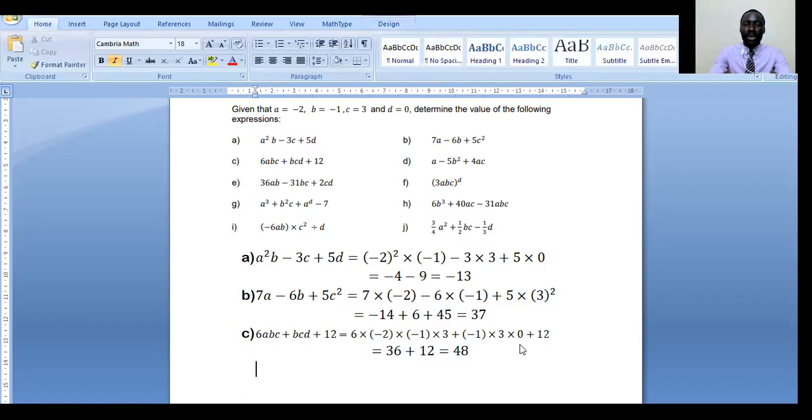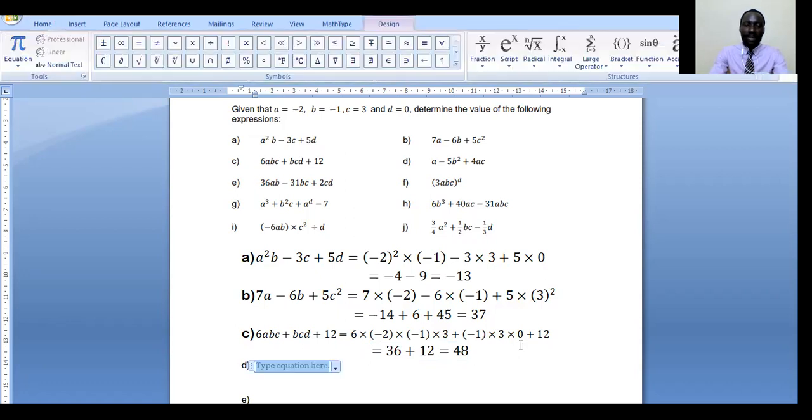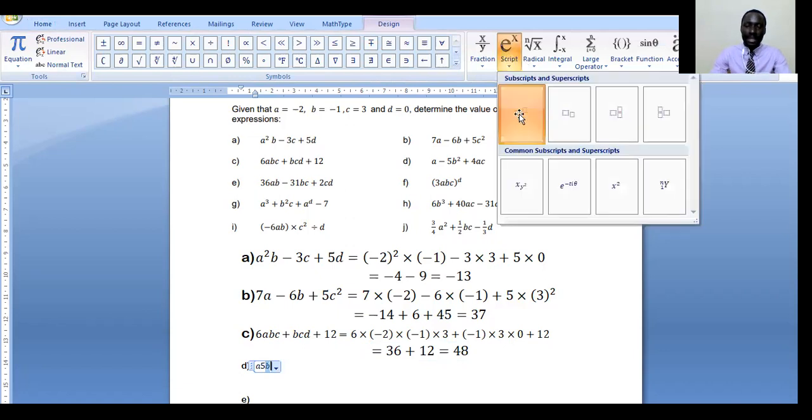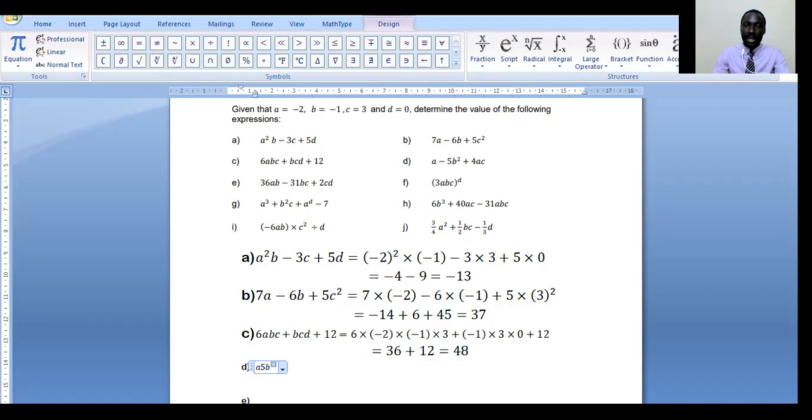The next thing we want to deal with is D. Now notice that in D we have A minus 5b squared, then plus 4ac.